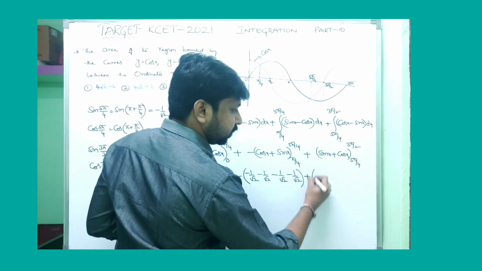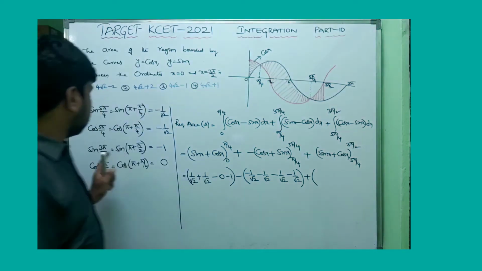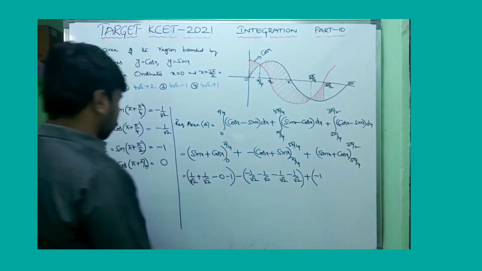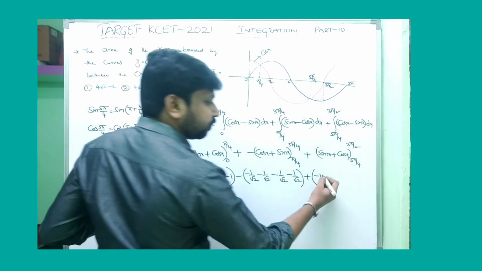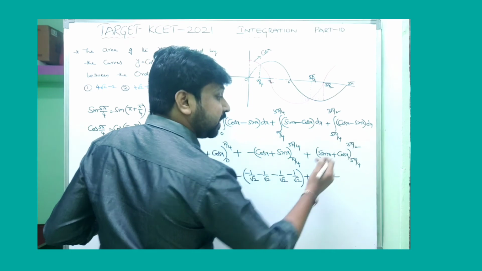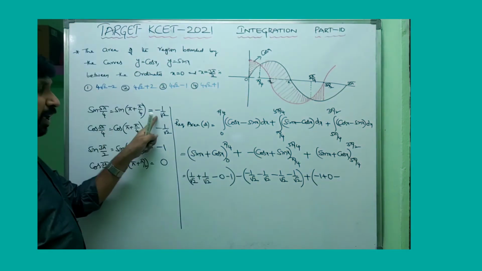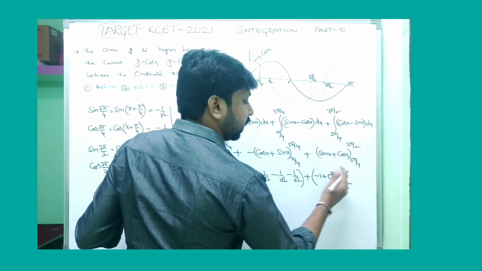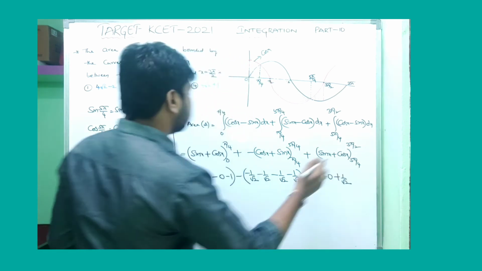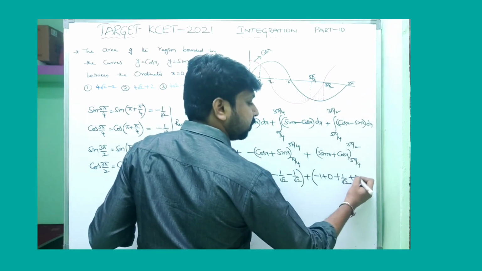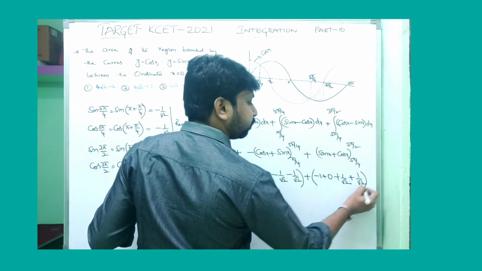Plus sin 3 pi by 2, which is minus 1, cos 3 pi by 2, which is 0, minus lower limit: minus sin 5 pi by 4, sin 5 pi by 4 is minus 1 by root 2, minus of minus is plus 1 by root 2, and minus into plus is minus, and cos 5 pi by 4 is also minus 1 by root 2, minus of minus is plus 1 by root 2.